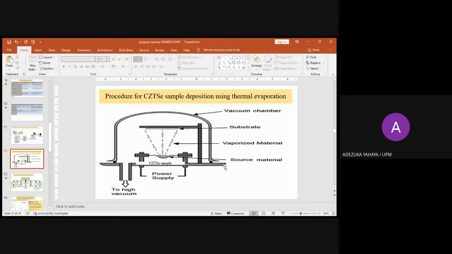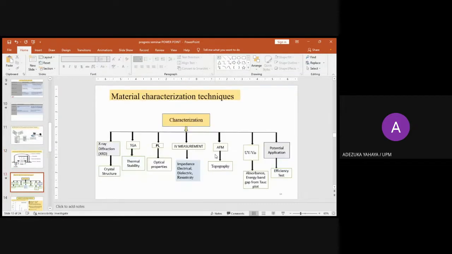After the desired pressure has been achieved, I heat up the sample to vaporize it so that I can have the desired thin film on the substrate.